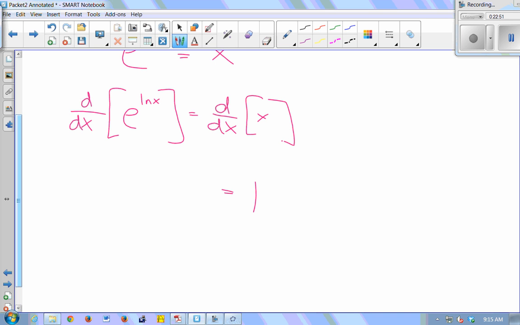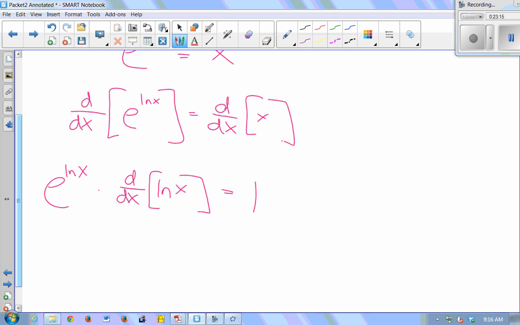The derivative of e to some stuff would be e to the stuff times stuff prime, so e to the ln of x times the derivative of the stuff, which is ln x. And then what is e to the ln of x?